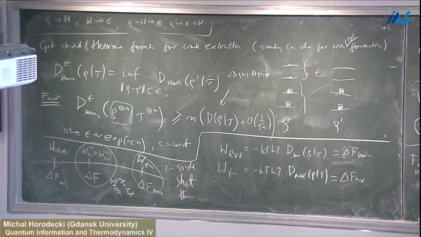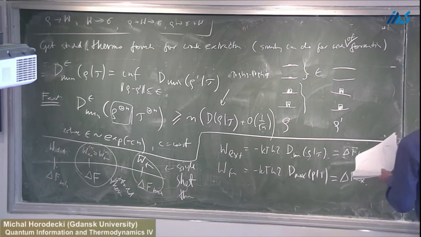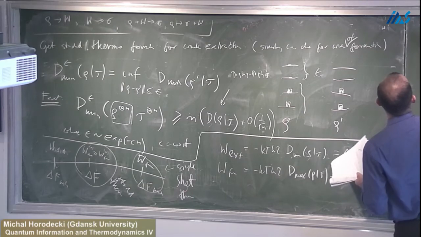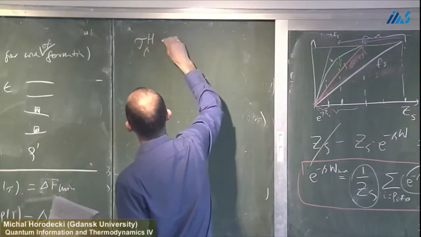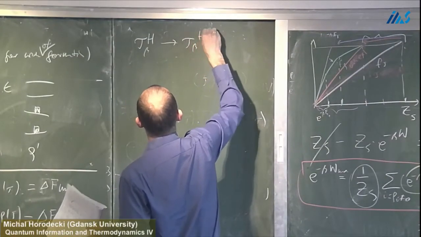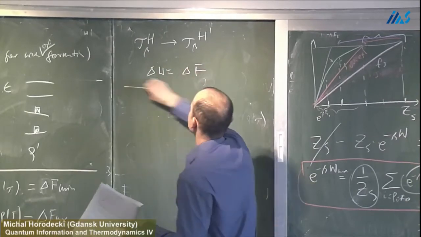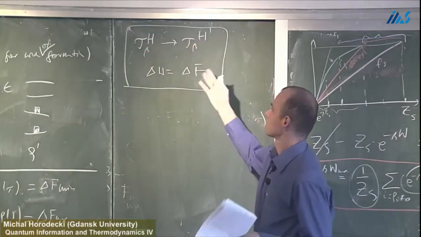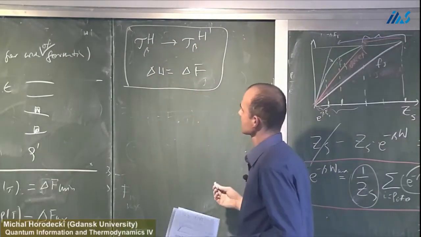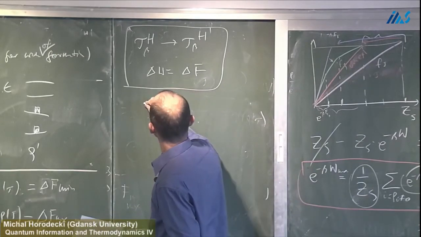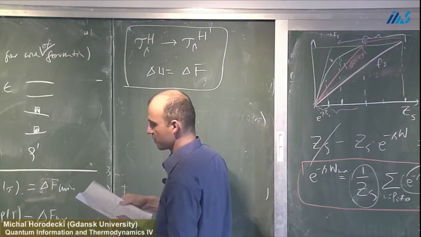And we know the formula in standard thermodynamics: if we have some Gibbs state tau with one Hamiltonian, and then we go to a Gibbs state with some other Hamiltonian, then the amount of work is just the difference of free energy. So we go from Gibbs state to Gibbs state, and then you get work. In our case, we wanted to make the Hamiltonian changeable, and we mimicked it.